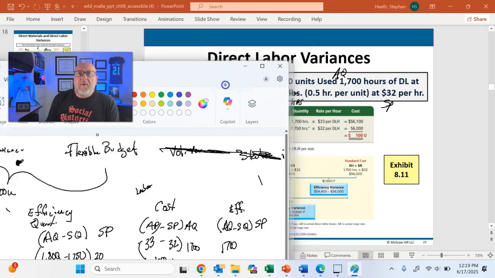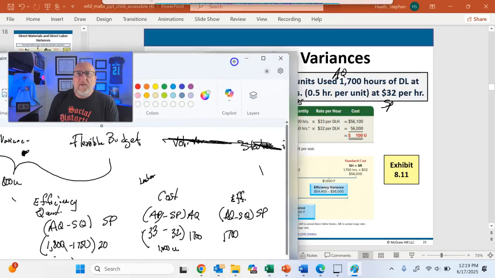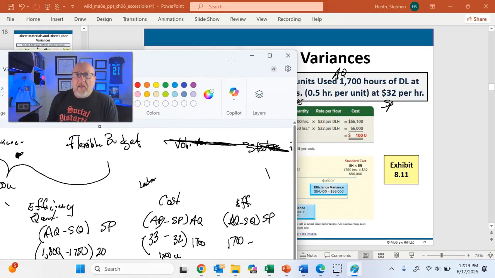The standard hours to produce 3,500 units, 1,750. Hey, not bad. Looks like it's going to be a favorable because we used 1,700 hours and we thought we should use 1,750. And then the standard price is 32 per.